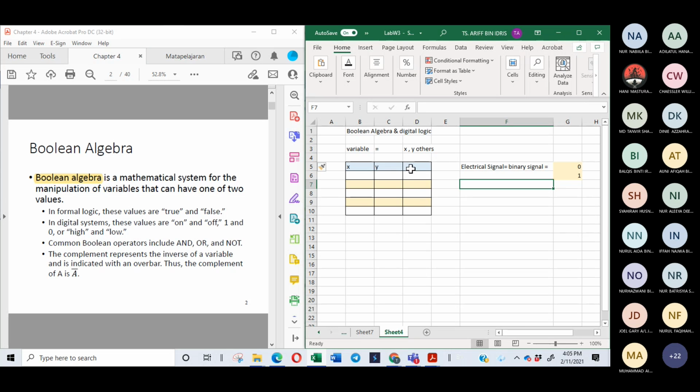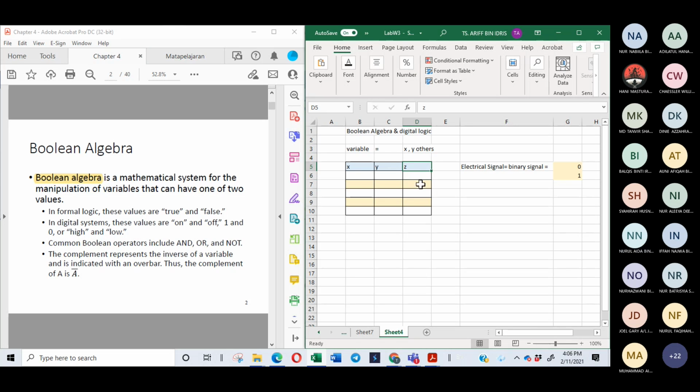Can you give another example of variables that we can have instead of x or y? What else can we use instead of x and y? Z. You can also have z, right? So this is the concept of variables.